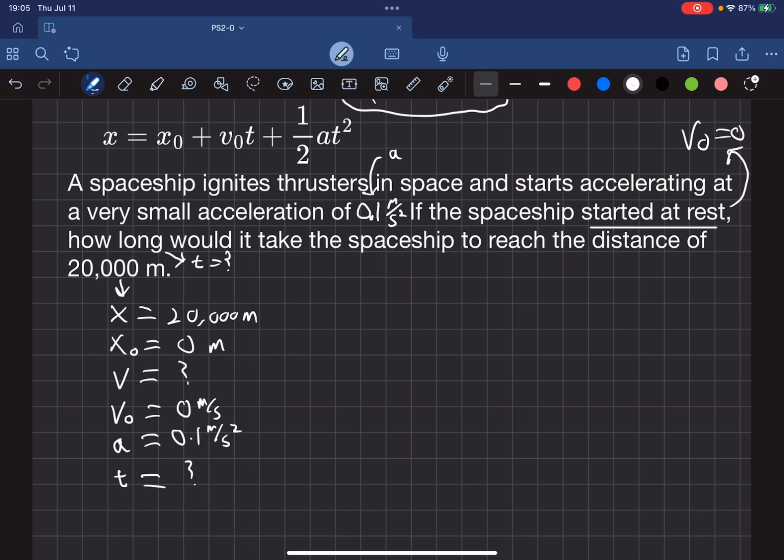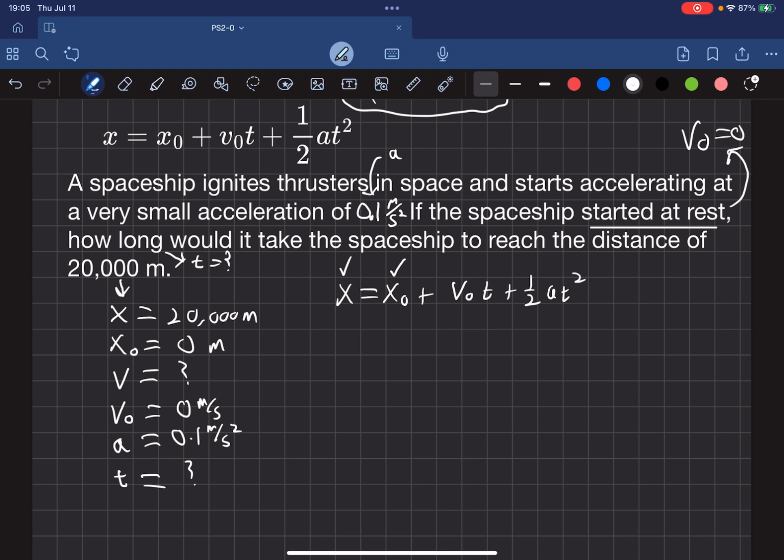So let's go ahead and use the position equation: x is equal to x naught plus v naught t plus 1/2 acceleration times t squared. Let's go through this equation and try to identify if this is the right one for us. Do we have the final position? Yes. Initial position?